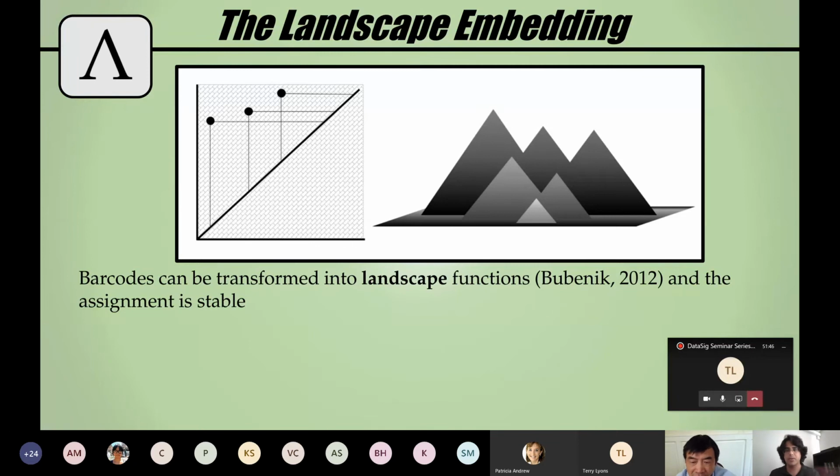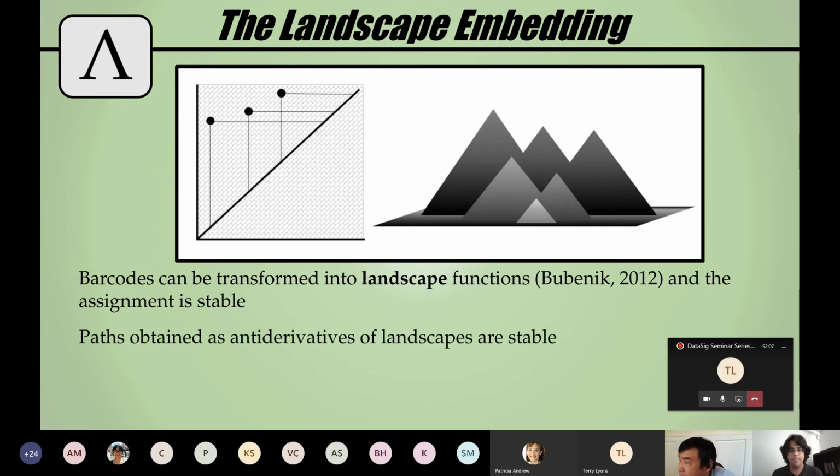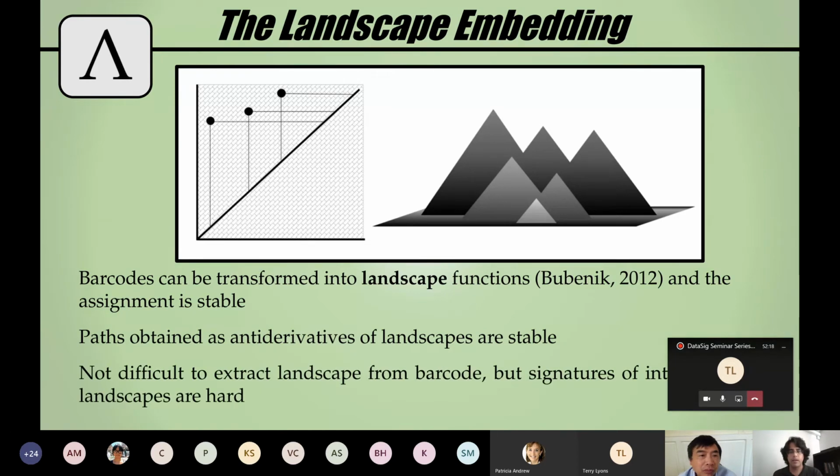And this assignment respects the stability theorem. So if your bars move by something, then the L infinity distance between the corresponding functions, these tent-like functions called the landscapes, the paths are also L infinity related by the same amount. And what happens is if you partially integrate these, you take the antiderivatives of these paths, they also inherit the stability property. So that's great, except this is not as computable as we'd like.